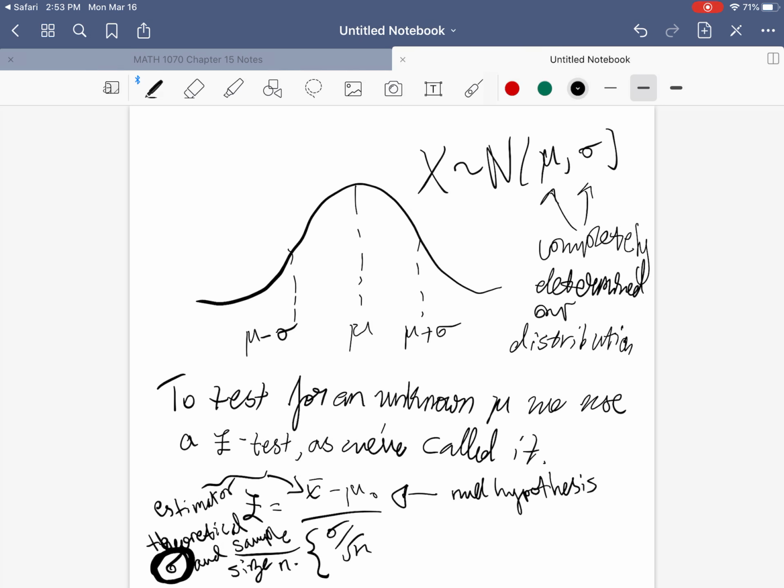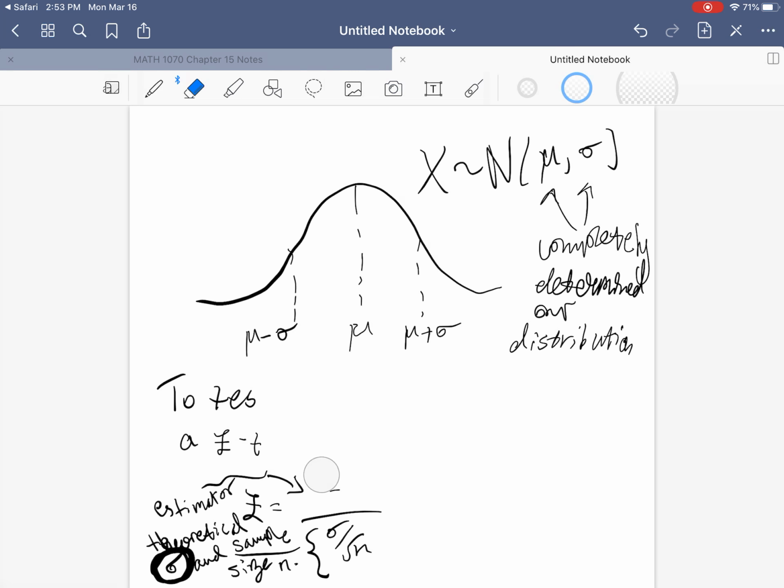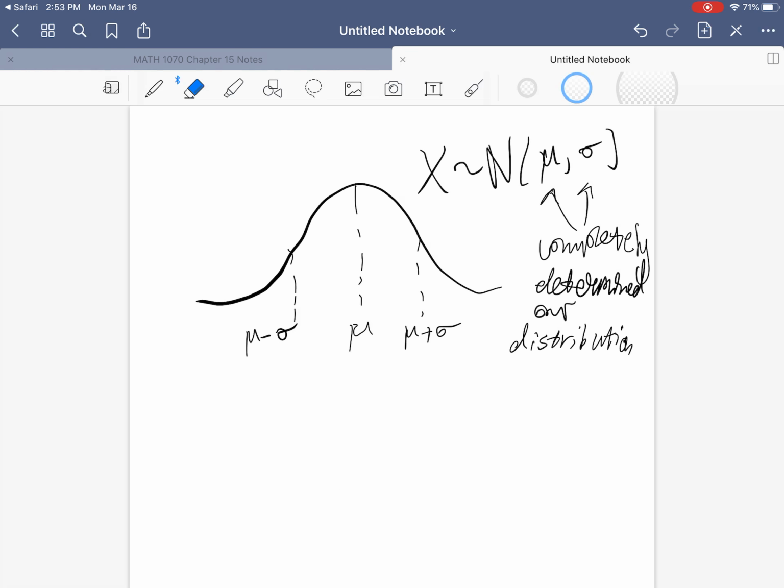What we're going to start talking about now, in contrast, is the t-distribution. We're still testing for the population mean.